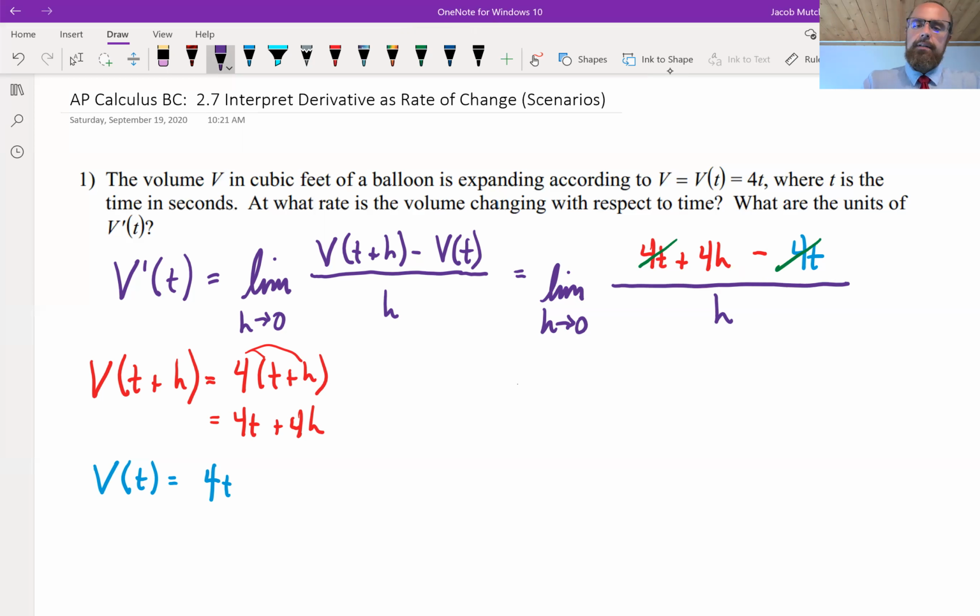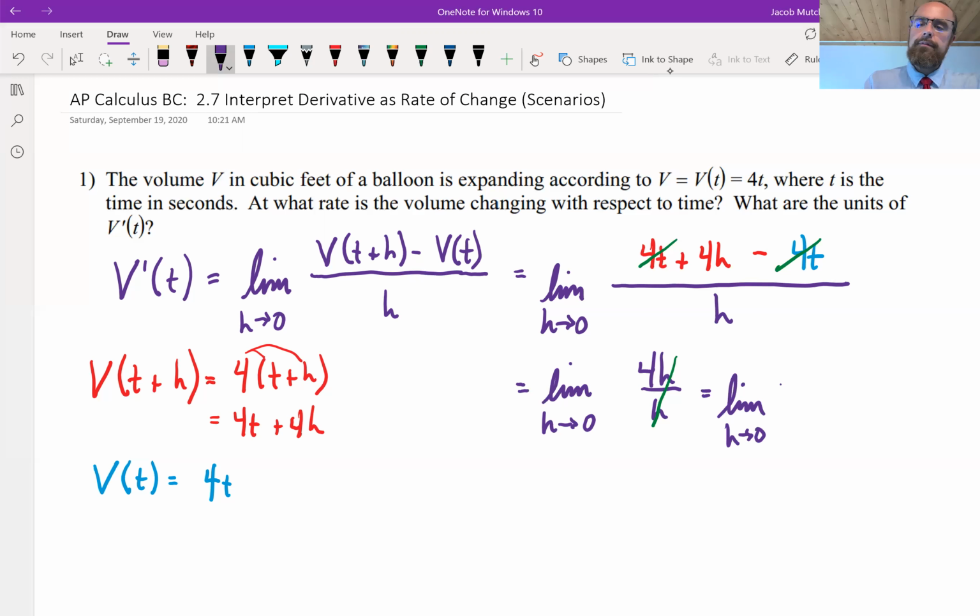My next limit statement would be the limit as h approaches 0 of 4h over h. I do want to try direct substitution, but before I go there, I notice that I have an h over h. That's another cancellation, and that would yield the limit as h approaches 0 of simply 4.